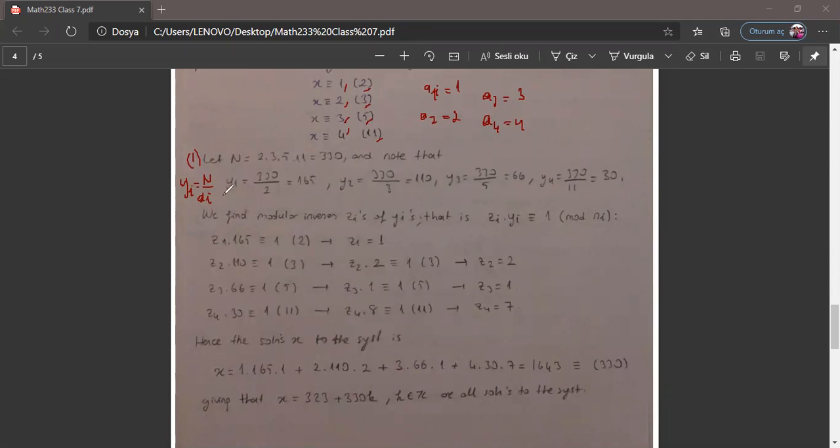Now you find the yi's. For example, y1 is N, 330 over 2. Sorry, let me clear that.